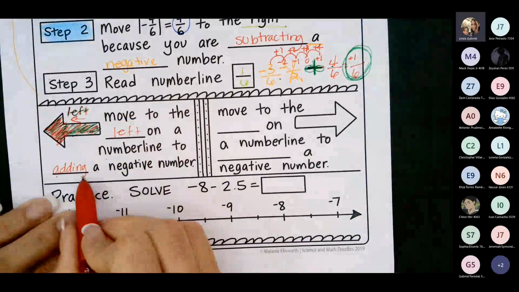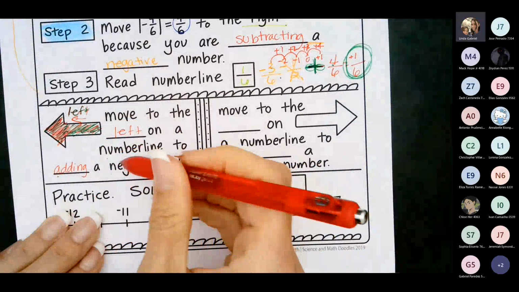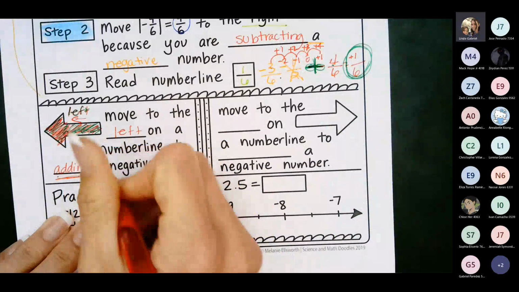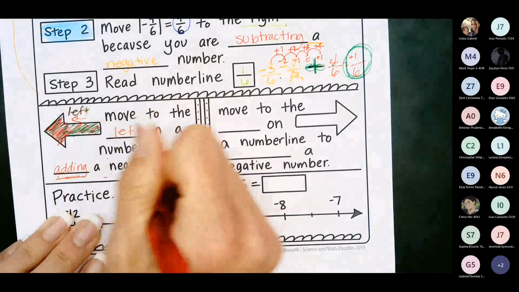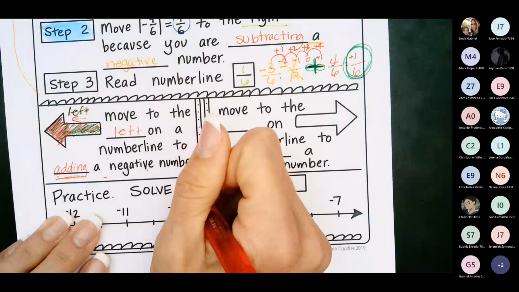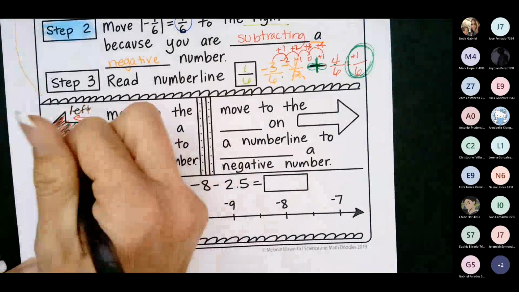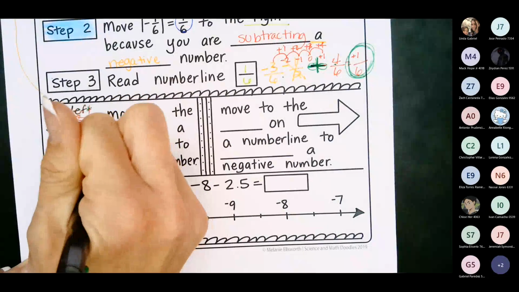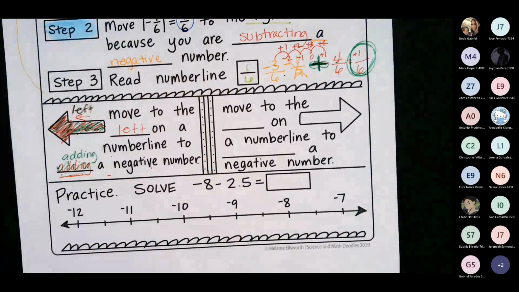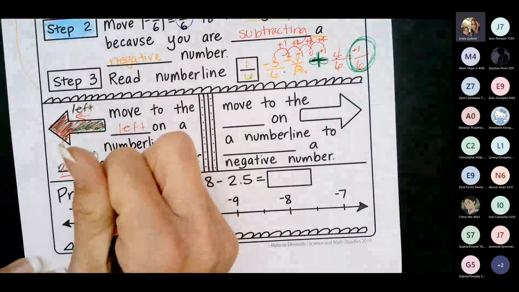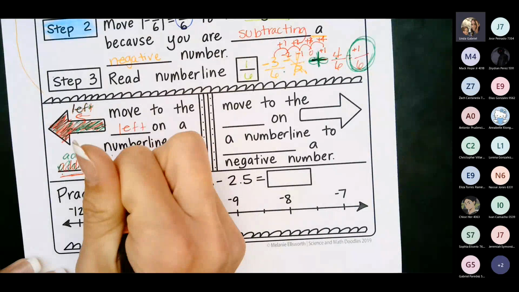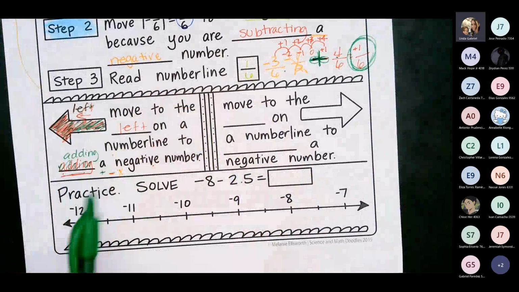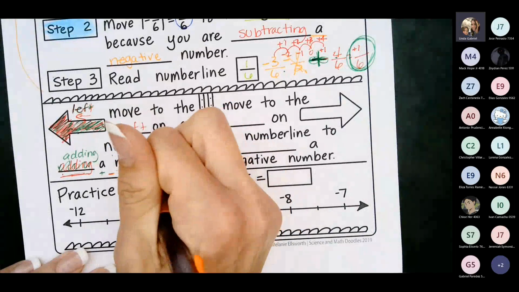Because if I am adding a negative value, that means I'm going to be increasing my negative value.